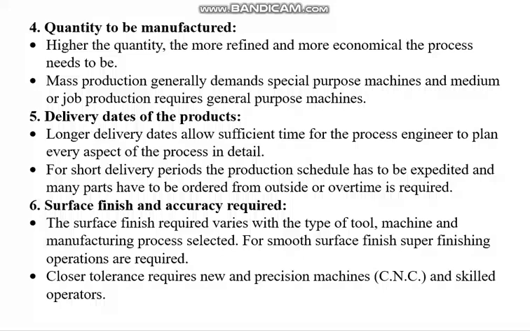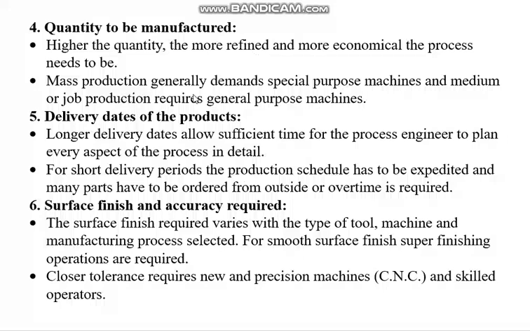Whereas you have to produce 100 parts, 1,000 parts, then depending upon the quantity, your process will become refined, and also it will become more economical. Refined means, small details also you will look into.